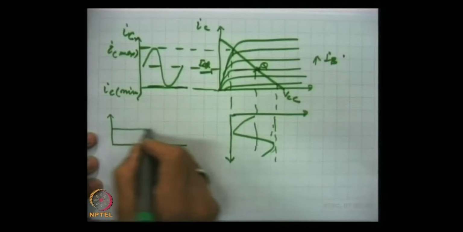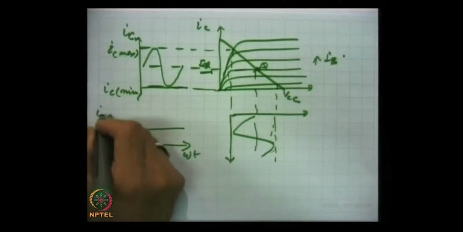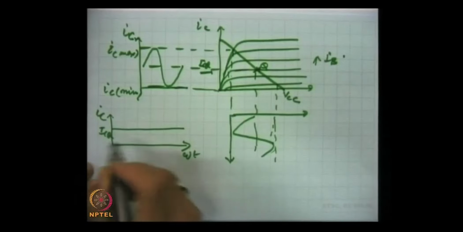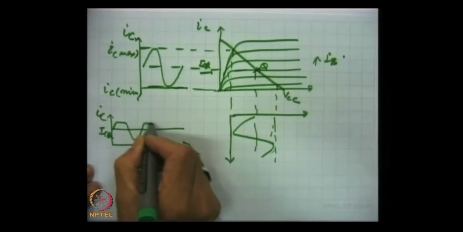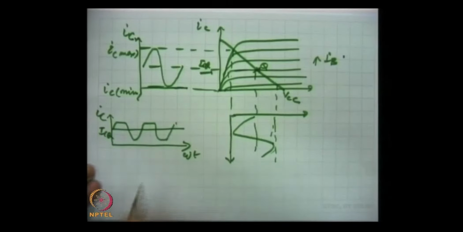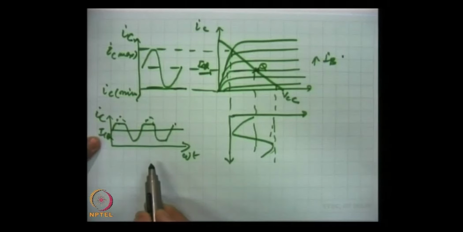This is AC, and this is omega t, and this is IC, this is ICQ. Then distortion will occur like this. This portion is absent in the output, and this is distortion.